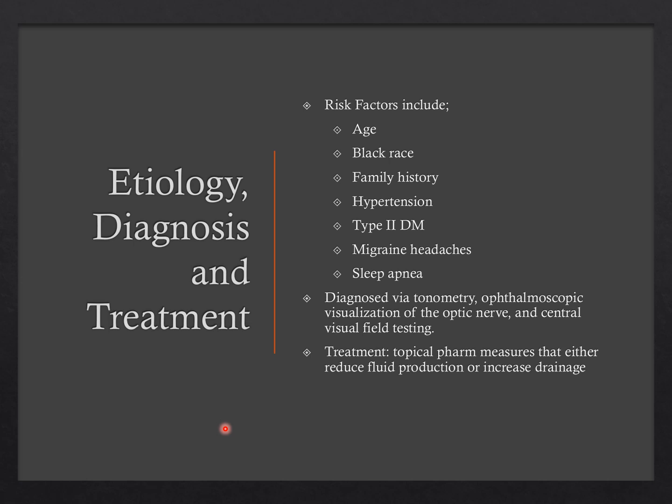And we can also do central visual field testing. So the visual field loss we usually see in glaucoma is a loss of peripheral visual fields first. So their peripheral vision is what starts to become impaired early on.